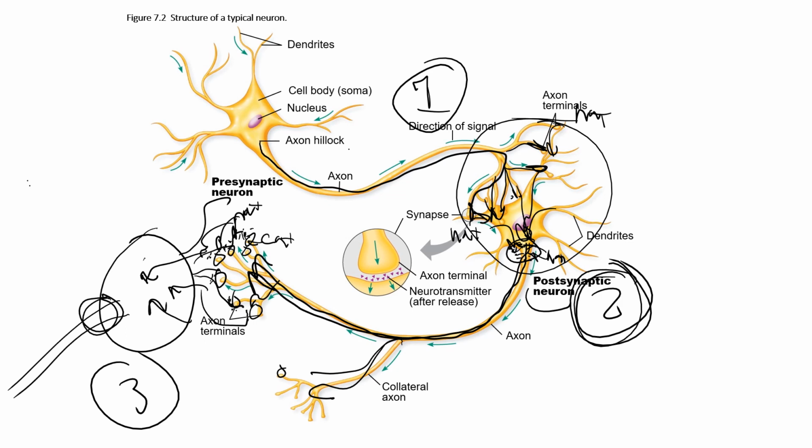And now, a non-decremental wave of electrical positivity, called an action potential, is going to propagate down the length of the axon of neuron number 3 and into the axon terminals and axon terminal buttons.